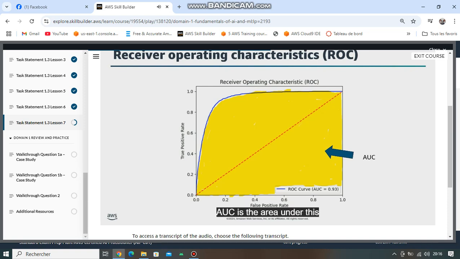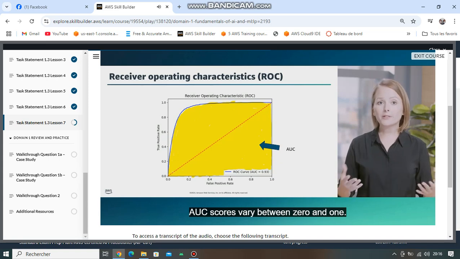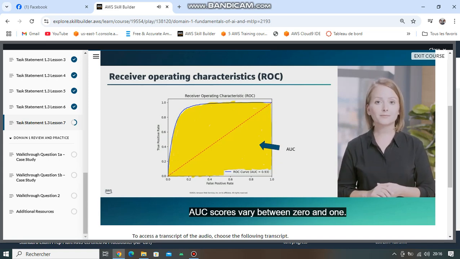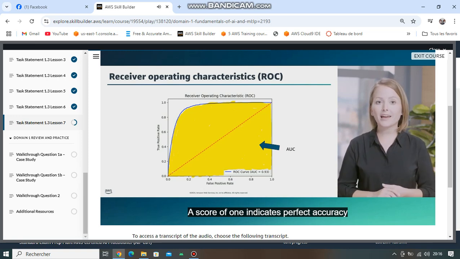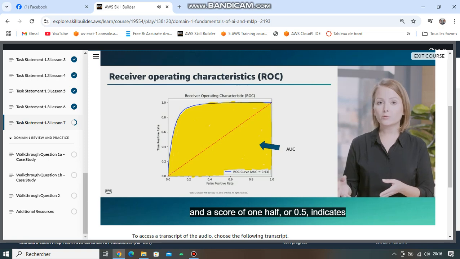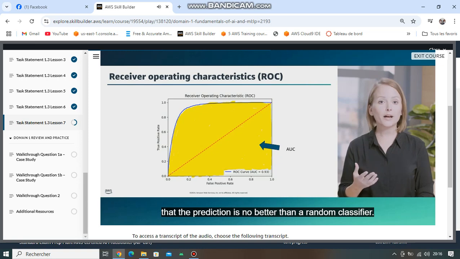AUC is the area under this receiver operating characteristic curve. AUC provides an aggregated measure of the model performance across the full range of thresholds. AUC scores vary between 0 and 1. A score of 1 indicates perfect accuracy, and a score of 1/2 or 0.5 indicates that the prediction is no better than a random classifier.